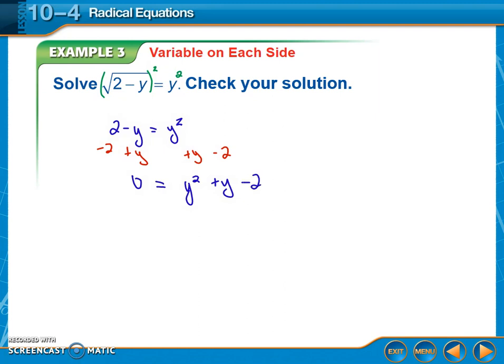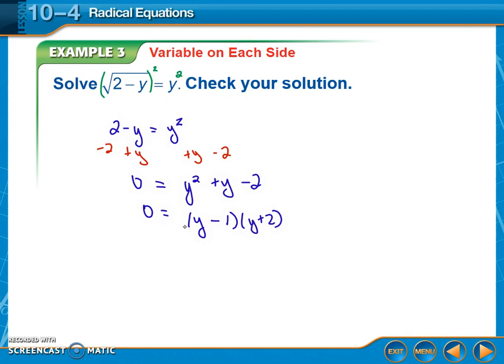Now I can solve this by factoring. So 0 equals y minus 1 and y plus 2, because I want to multiply to negative 2, so negative 1 times 2 is negative 2, and I want to add to 1, and negative 1 plus 2 is positive 1.